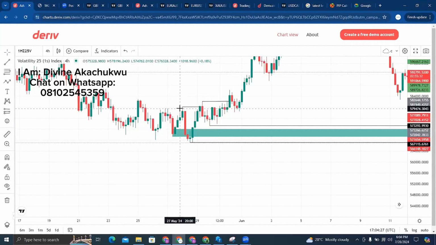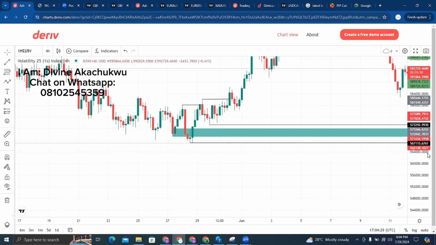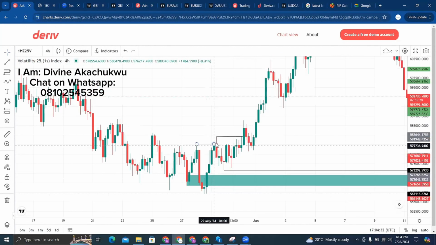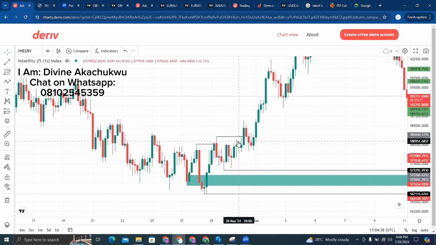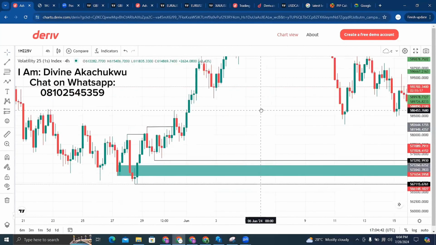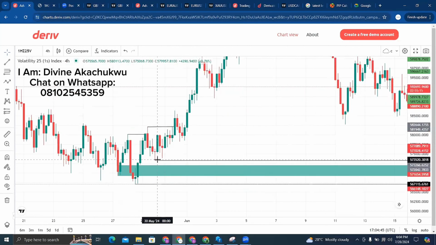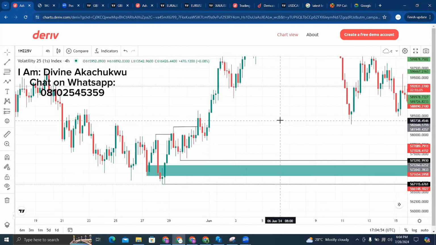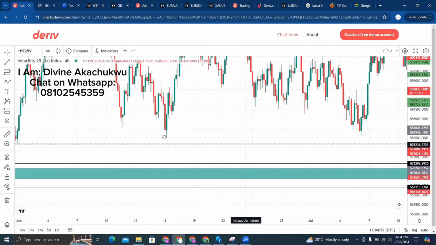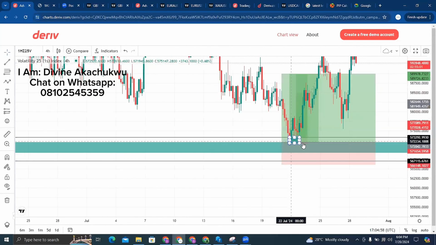Then I saw the first break of structure with a body, not with a wick. I saw the pullback. Then the second break of structure. So what do I expect price to do? I expected price to come, take out this structural liquidity, tap into my demand zone, tap into my entry, then buy up. And that's exactly what price did.